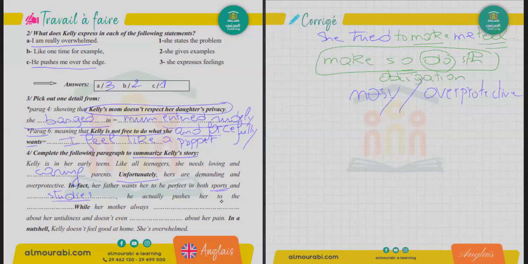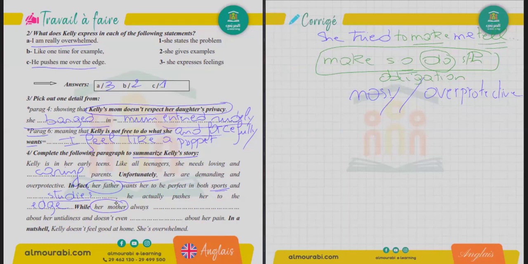Okay. Who wants to continue? The expression we saw before. He actually, anybody to try. He actually pushes her to the edge. To the edge. Very good. It means he makes me angry. We saw it before. This is the father. What about the mom now? Anybody else to continue?